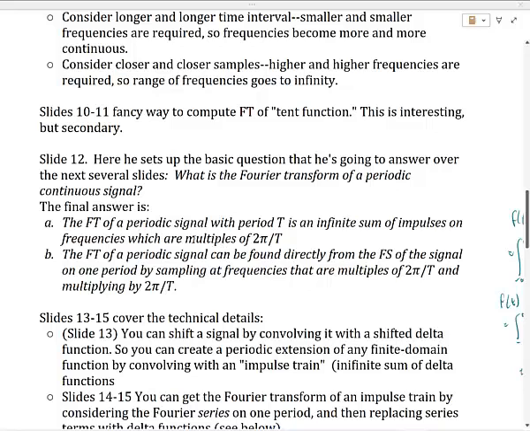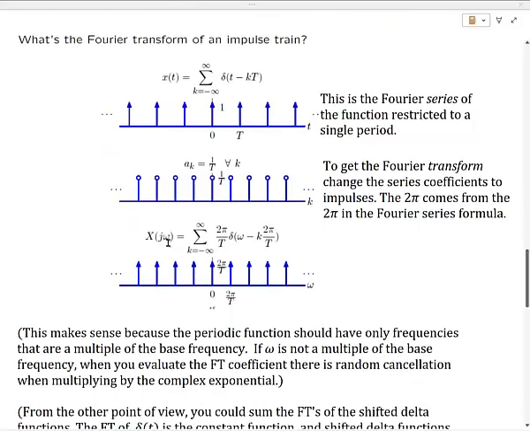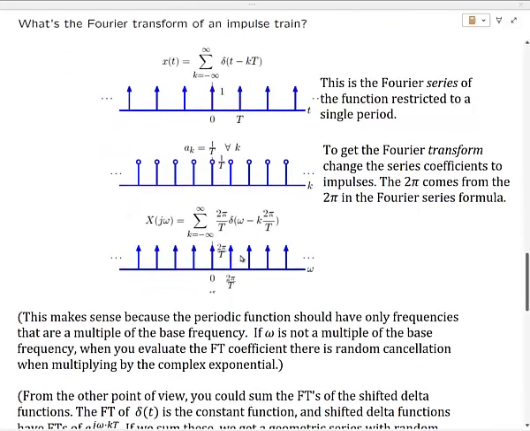And the answer is that the Fourier series and the Fourier transform are very closely related. The only difference is using the frequencies where the Fourier series exists, changing the values of the frequency coefficients to impulses, and then multiplying by 2 pi over T. Most of this was a derivation of that, using a sequence of delta functions.